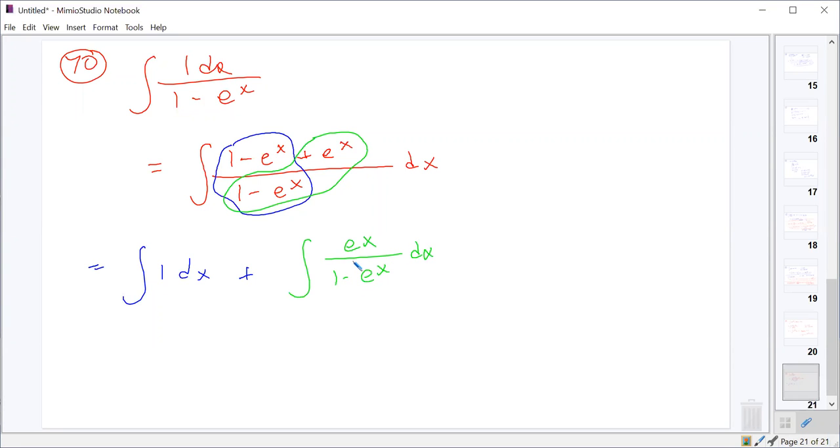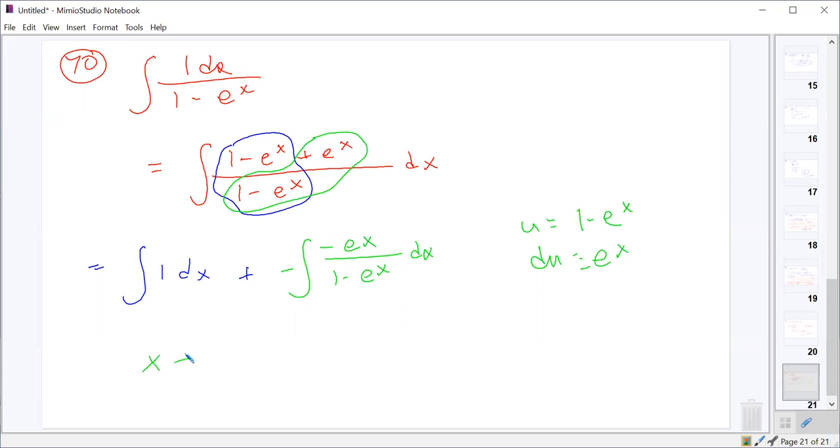And the 1 minus e to the x in this one we're going to substitute out, because now in the numerator we've got an e to the x, and we need a negative e to the x, so we'll just put in a negative and a negative. But that's easy enough to solve and deal with.